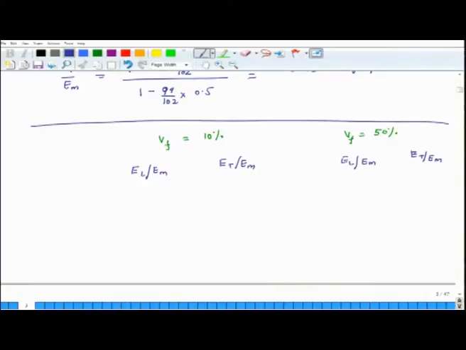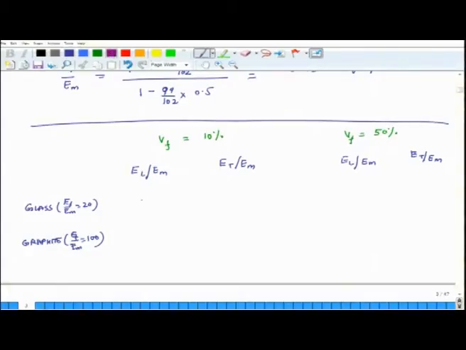And we had done it for two fiber systems, fiber matrix systems. One was glass, and in this case Ef over Em is 20, and the other one was graphite, and here Ef over Em equals 100. So, now let us write down all the numbers.